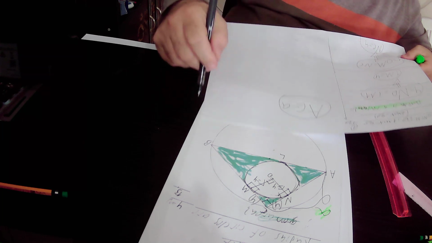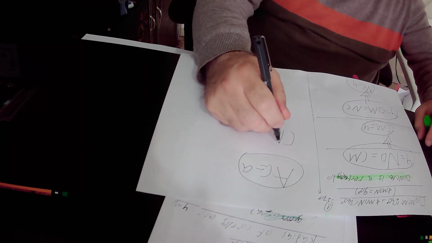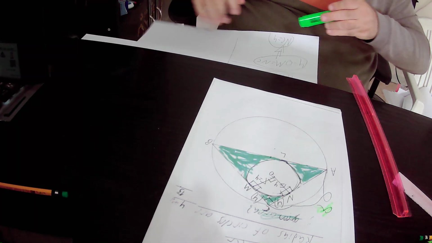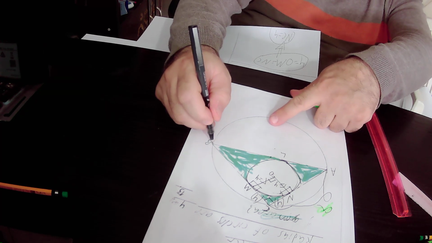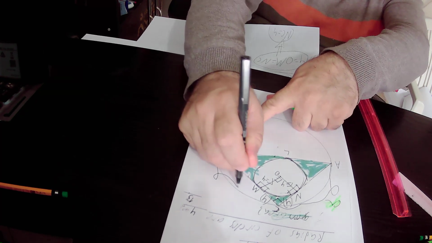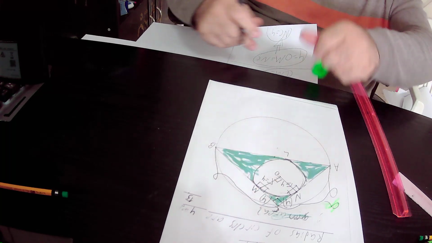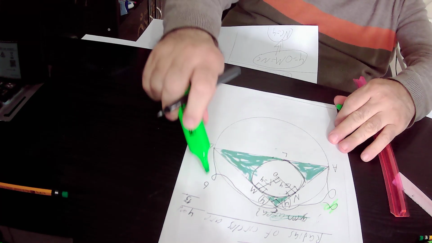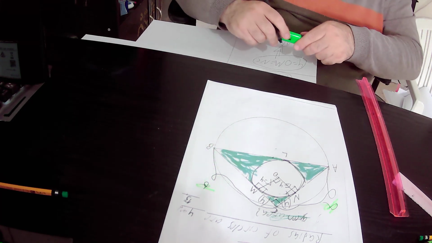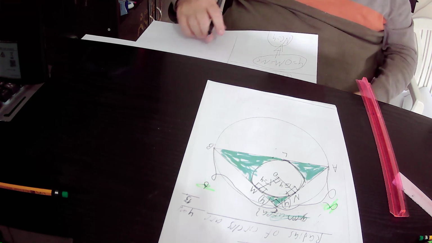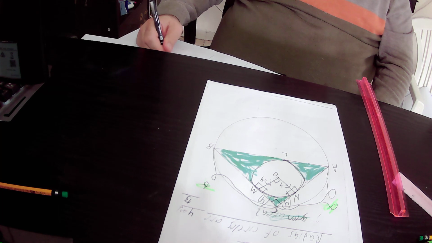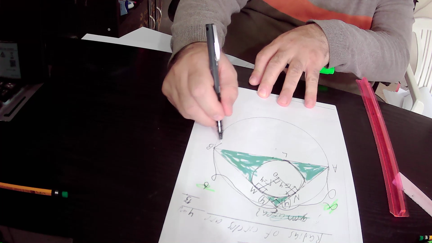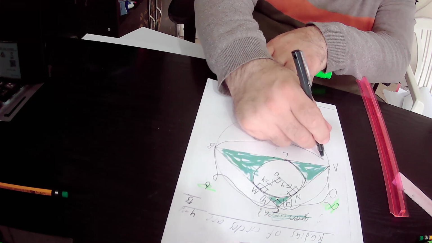We will define side CB as B. CB equals B units according to our definition. And we will define the diameter AB as C. The diameter AB equals C according to our definition.